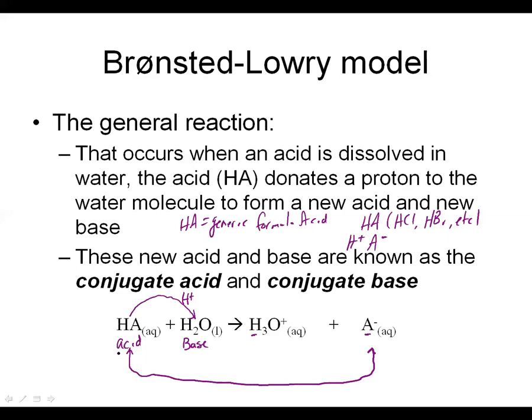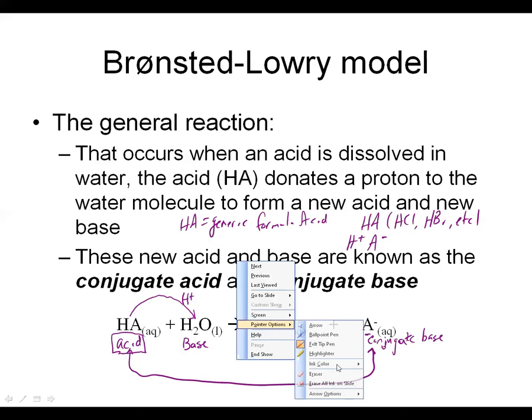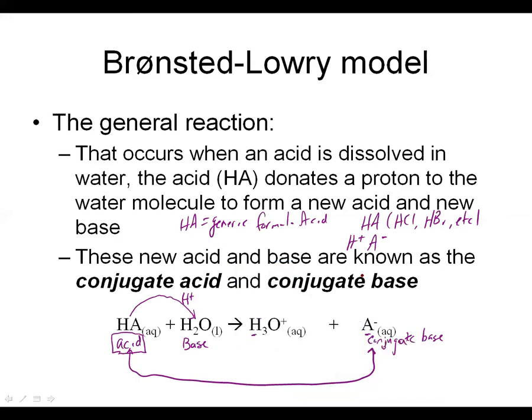And if this is the acid on one side, its partner on the other side is what is known as the conjugate base. So the partner is the conjugate base. And on the opposite side, our base on this side is related to a species on this side.